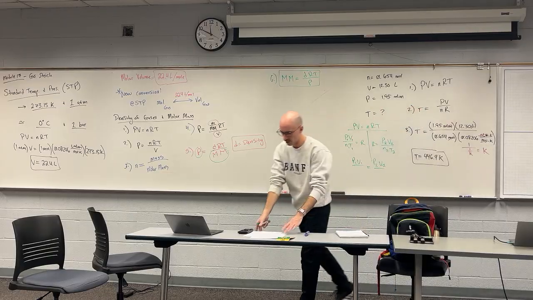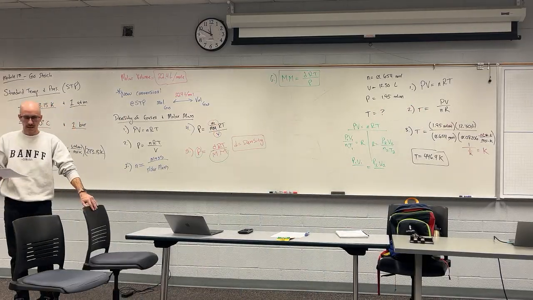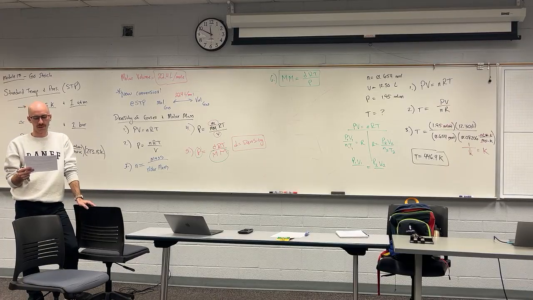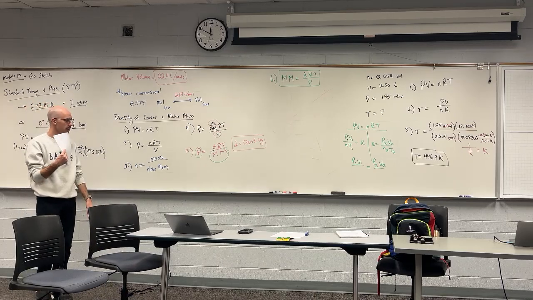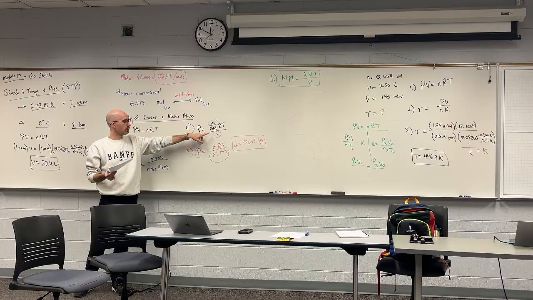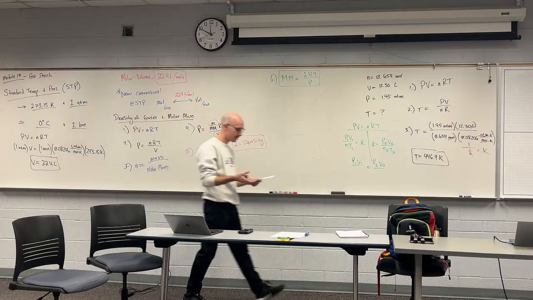Question number 4 on your worksheet was all about calculating the density. What I didn't do a good job of getting to there was showing you how you'll need to use the molar mass of Freon, you have its chemical formula, to convert the number of moles that you have into the mass that you have.